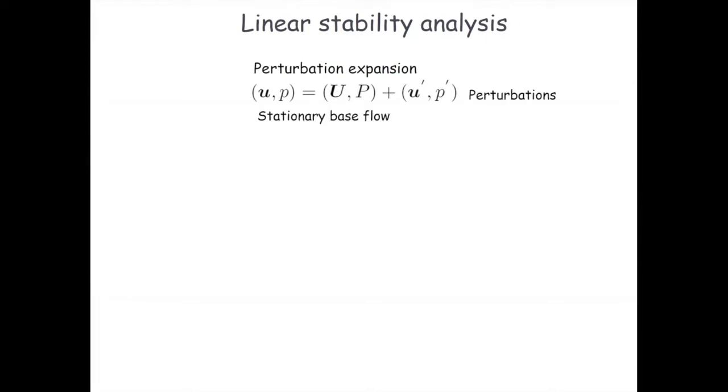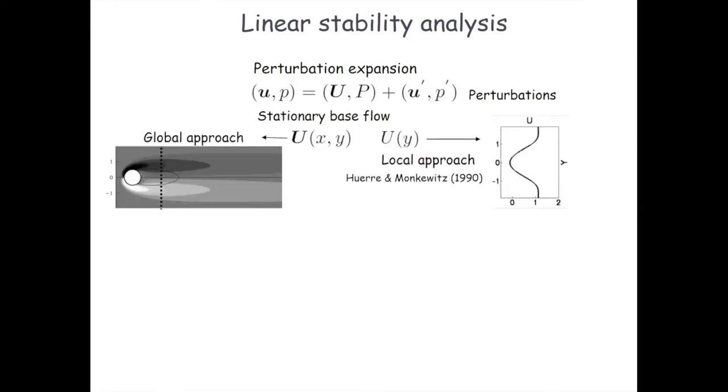So I start from a perturbation expansion, which considers a stationary base flow, okay, and perturbations u', p'. And these base states can be considered either as a two-dimensional flow, or at least a flow which has all the directions of independence of the geometry. So in the present case, it would be capital U of x and y and capital P of x and y.